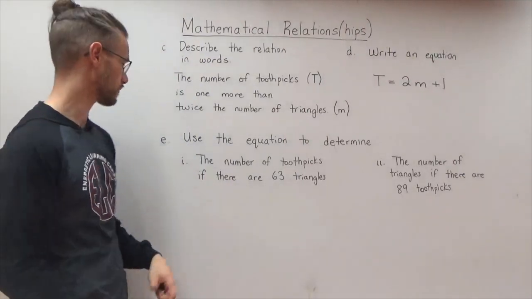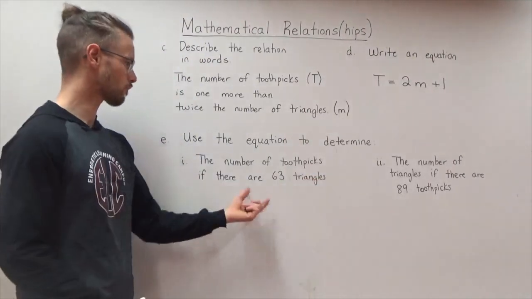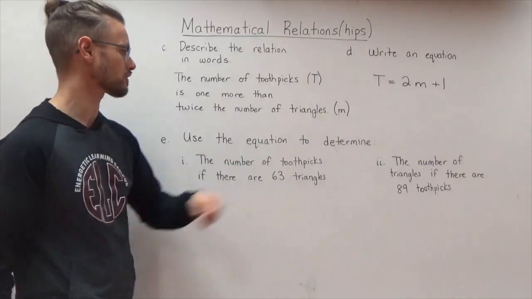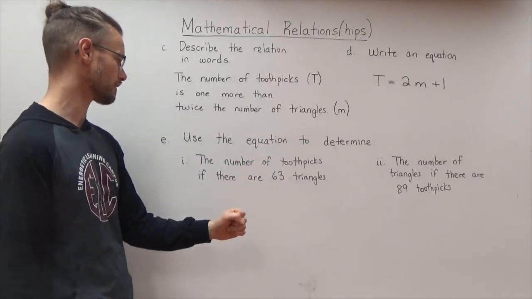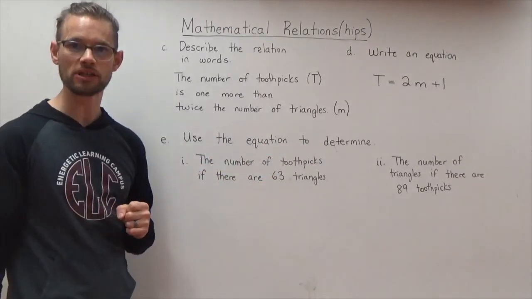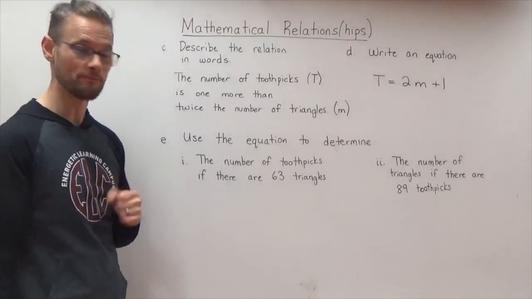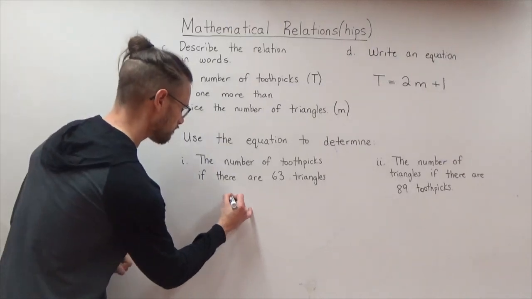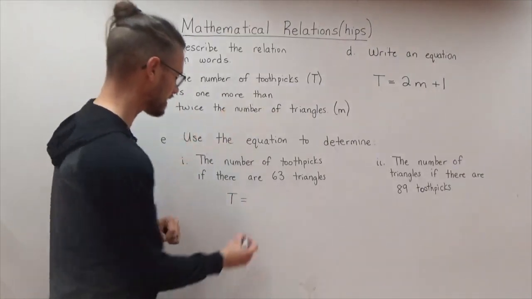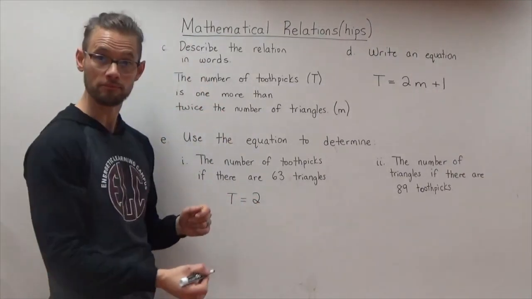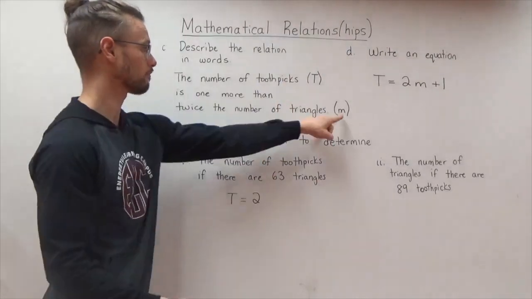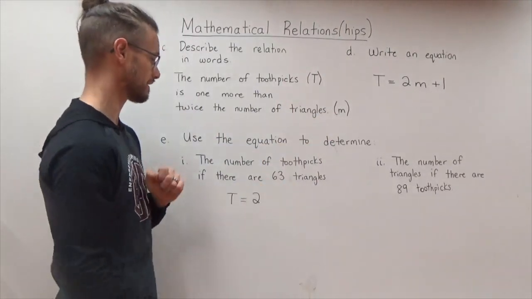And that's helpful. So for these 2 problems, the first one says, use the equation to determine the number of toothpicks if there are 63 triangles. Well, I called my number of triangles M. So if my equation is T equals 2M plus 1, M in this question is 63.